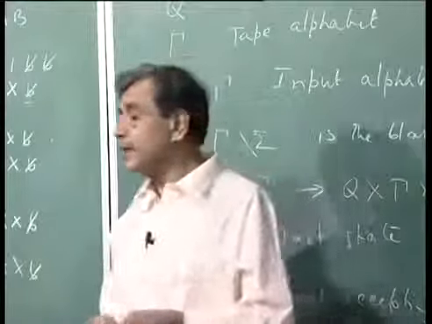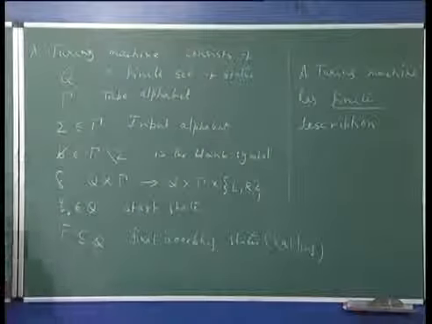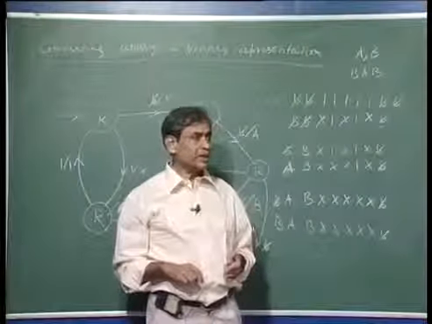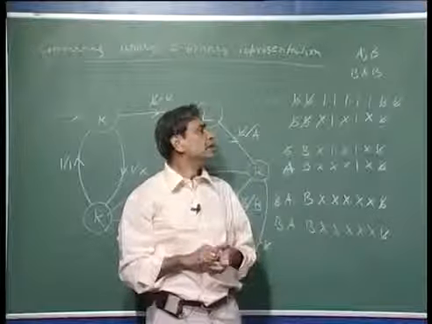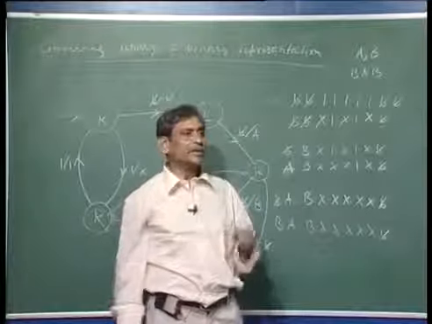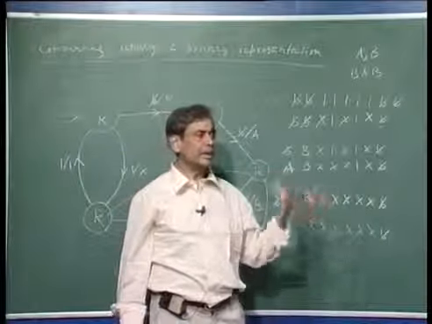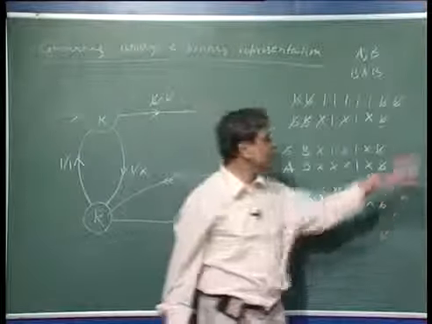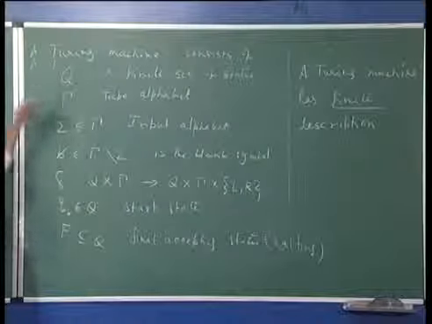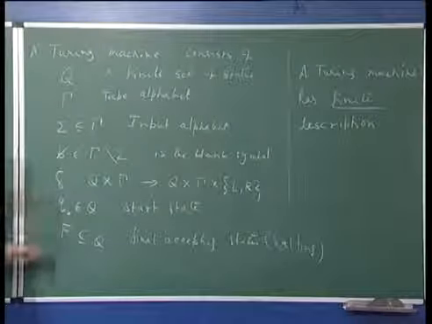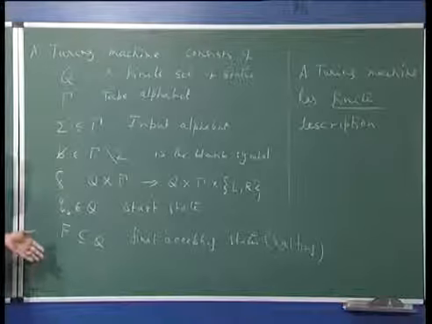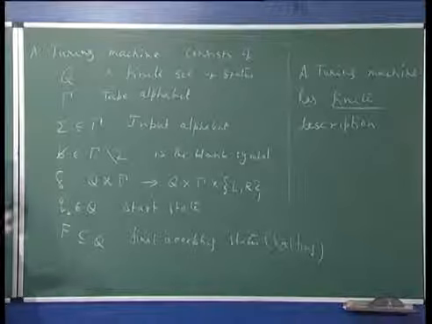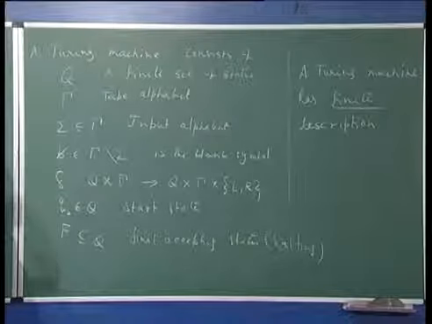So, if I am saying that algorithms can be captured by Turing machines, then to retain that correspondence, since algorithms are finite entities, Turing machines also must be finite entities. And indeed, as you can see, a particular Turing machine is represented in terms of these things, and these are all finite things, and therefore this particular Turing machine is also a finite entity.